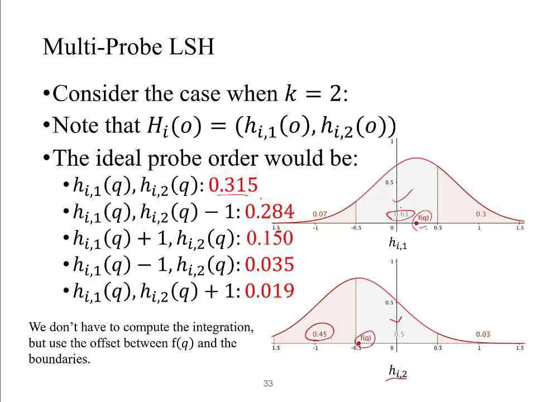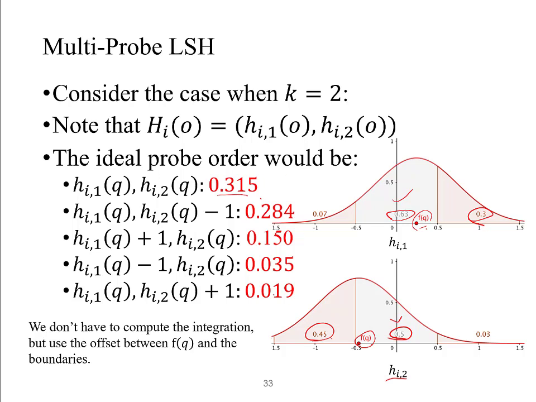It's hi1q and hi2q minus 1, and the next one should be this one times this one. It's hi1q plus 1 and hi2q, and so on and so forth. And you can see the probabilities are in decreasing order, right?